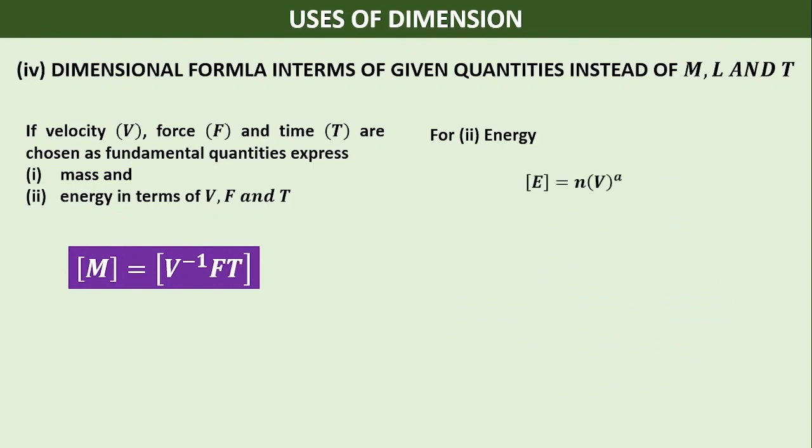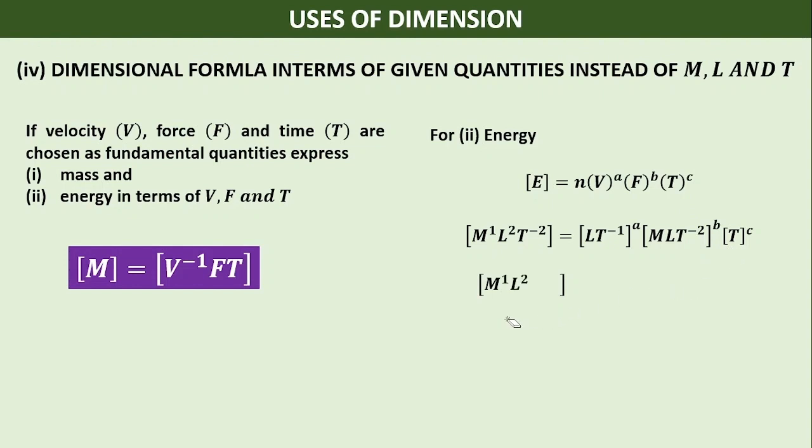Dimension of E equals n times v power a, F power b and t power c. Dimension of energy is M power 1, L power 2, T power minus 2. On the right hand side, n doesn't have dimension. So the dimension of velocity is L T power minus 1, force is M L T power minus 2 and time is T itself. So on the right hand side you get the same equation as in the previous case. On the left hand side you have a little change.